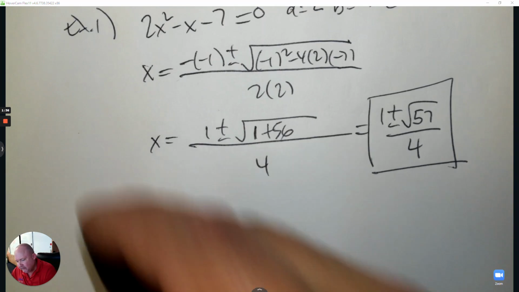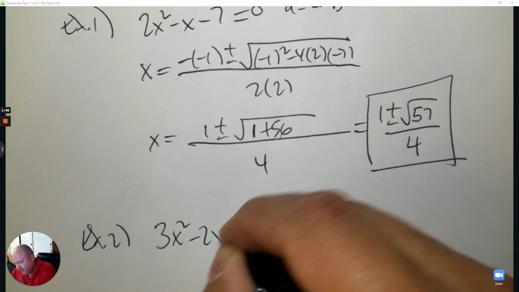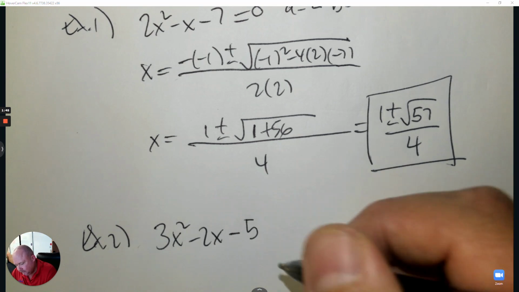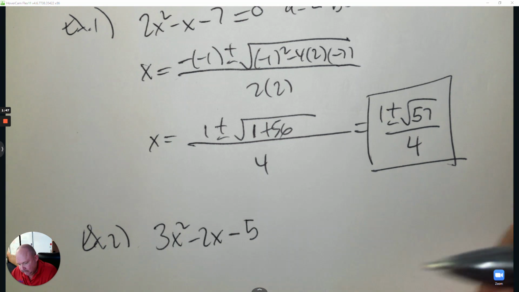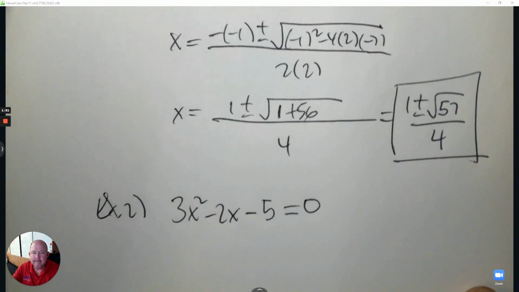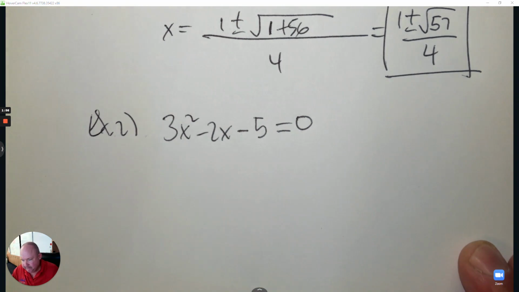All right, here's your second example, the last one before you do that quiz. Use the quadratic formula to solve this.